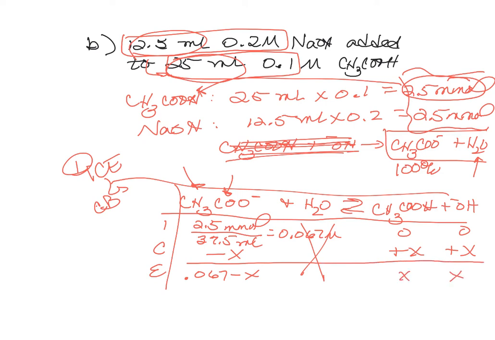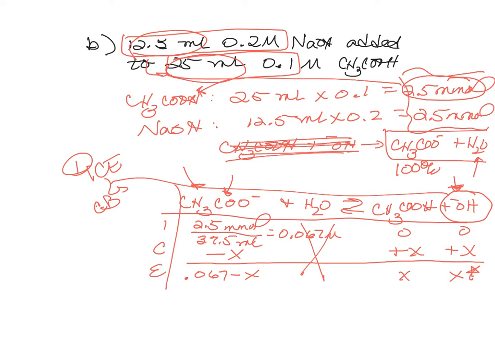Now, a reminder that x, since it's a base we're dealing with, x is hydroxide concentration. So at the equivalence point, when you're titrating a weak acid, all you're going to have at the end is hydroxide, okay? So now we go ahead and set up the equilibrium constant expression.